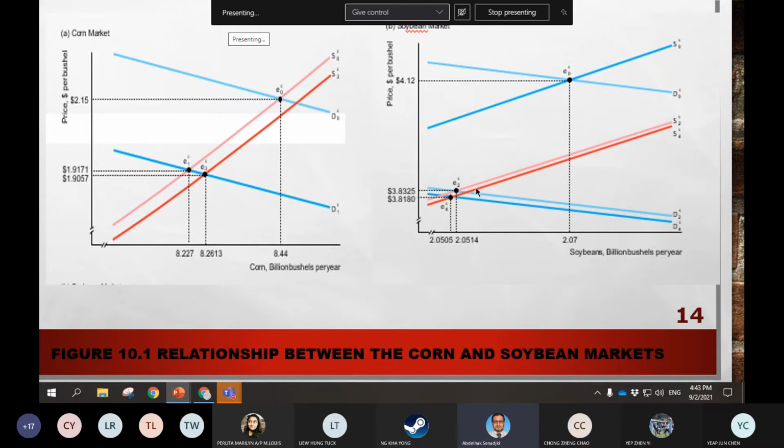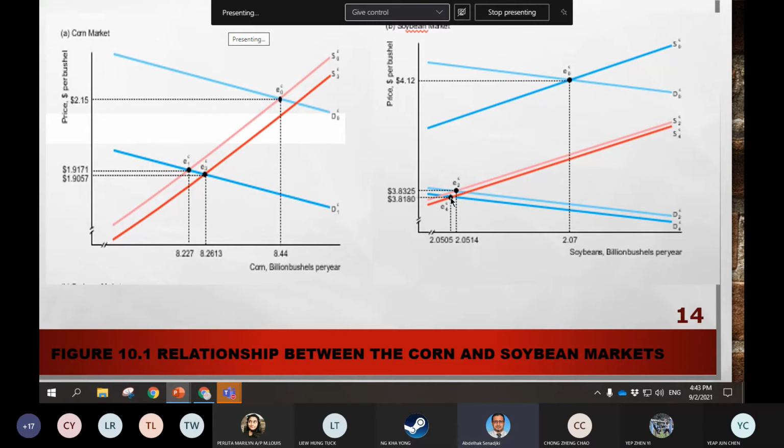So more supply and also less demand, and we will have a new equilibrium at 3.8180 and the quantity at 2.050.